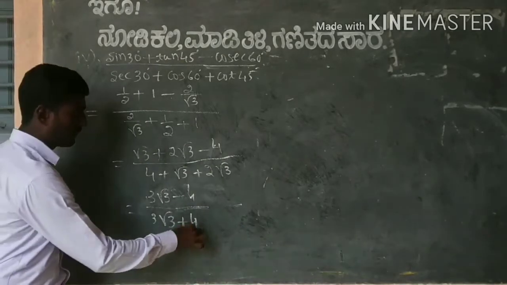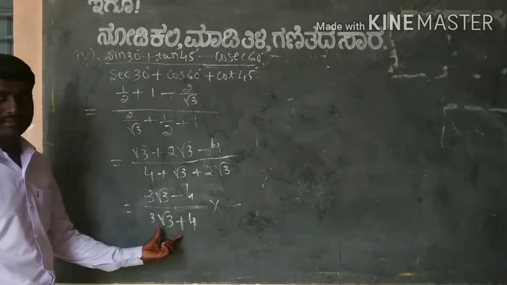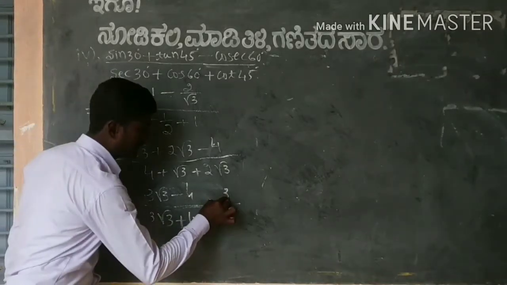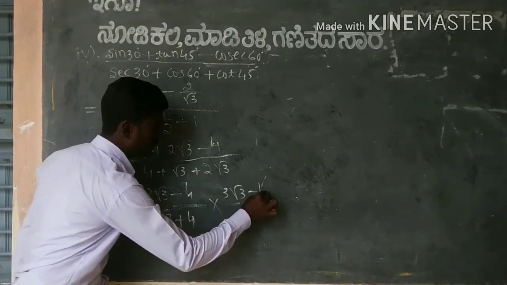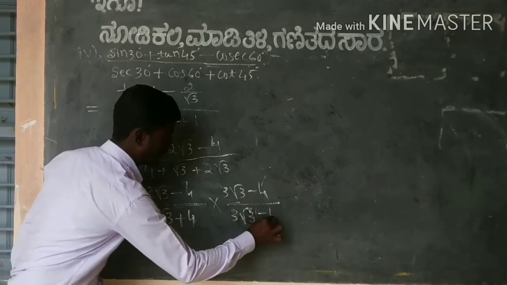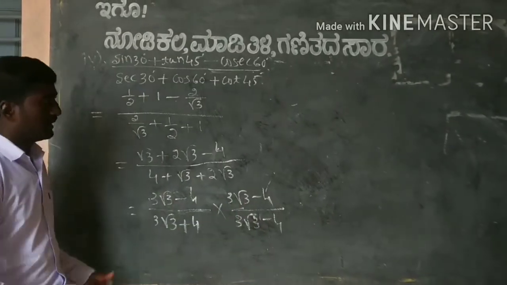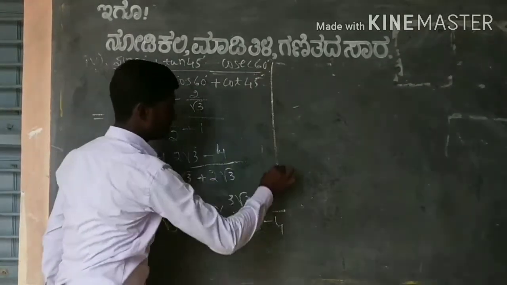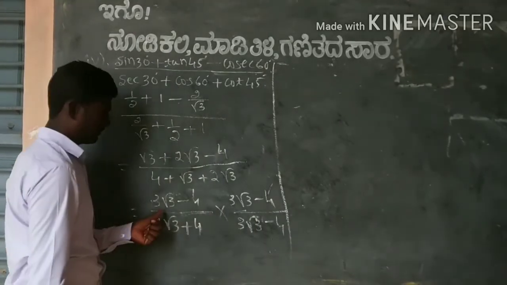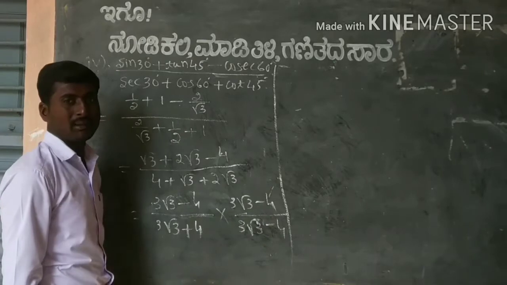Now I have to simplify this. For this again I have to multiply its conjugate, that is 3 root 3 minus 4 divided by 3 root 3 minus 4. If it is plus is there, I have to multiply it by minus. Okay. Let us simplify this. Now this is a minus b into a minus b, that is a minus b whole square.